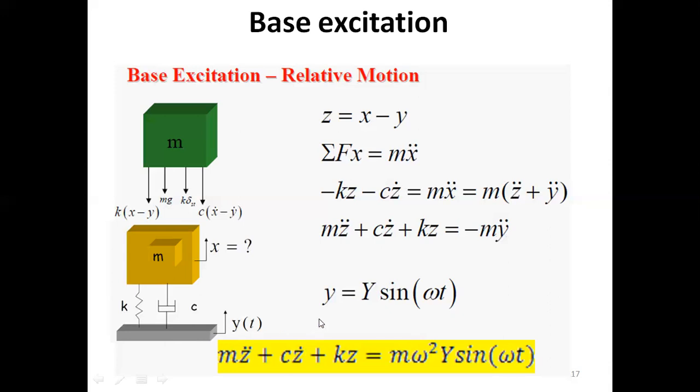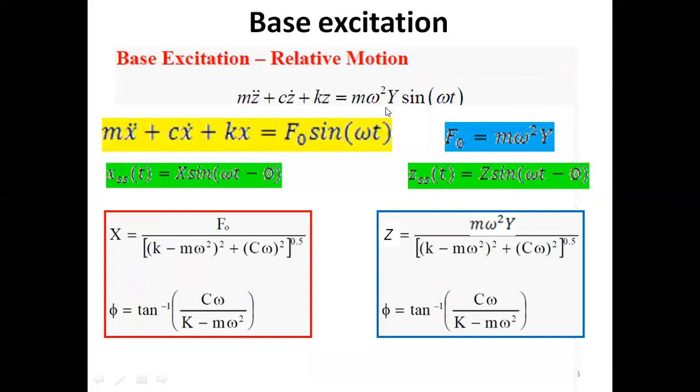And y double dot would be equal to minus omega square Y sine omega t, and plugging that in this equation of motion, the equation of motion would become m z double dot plus c z dot plus k z is equal to minus m y double dot, and this minus would become plus, and we would have m omega square Y sine omega t.